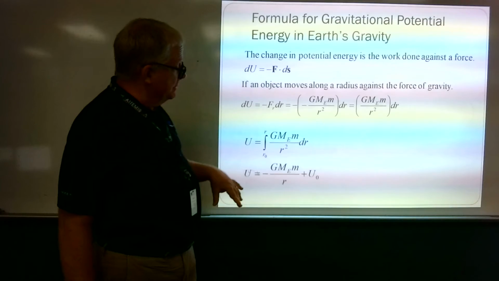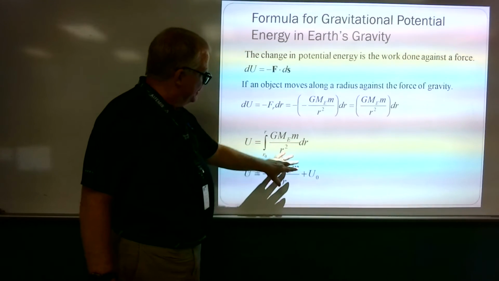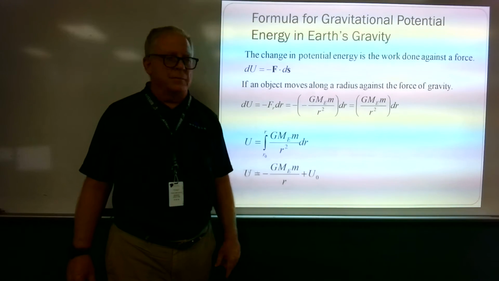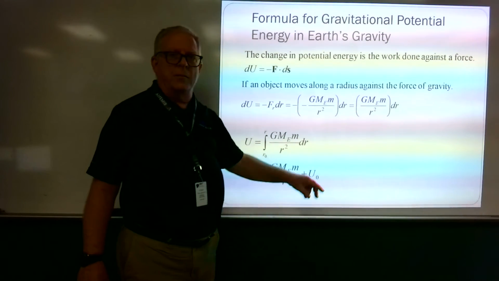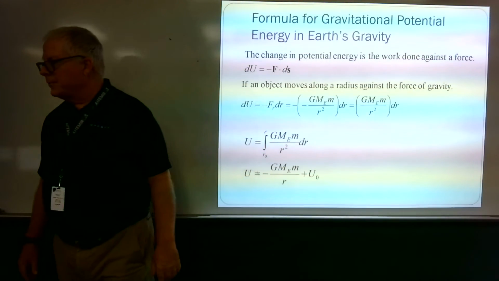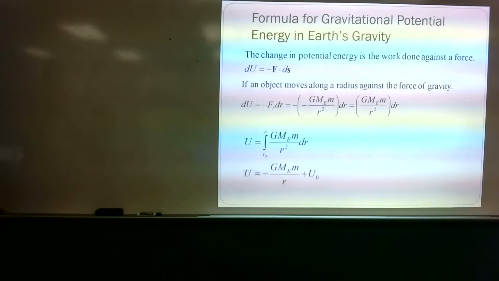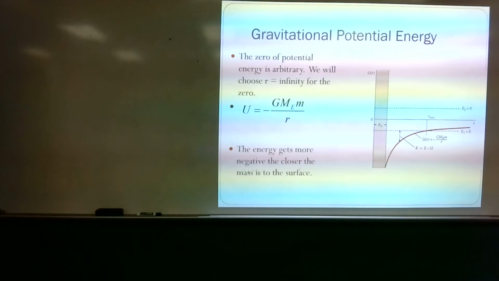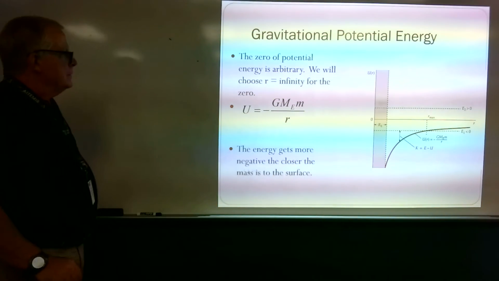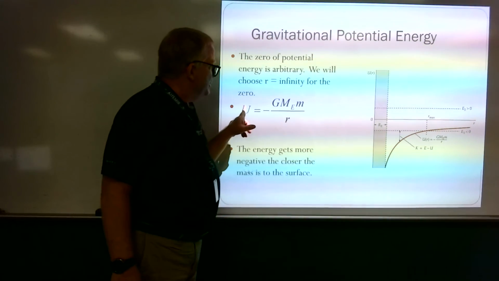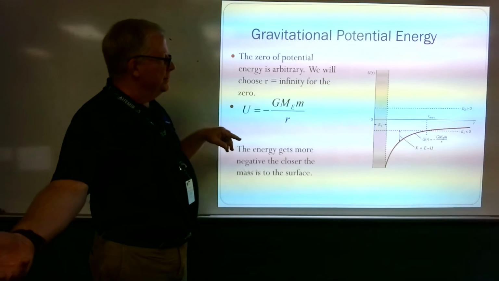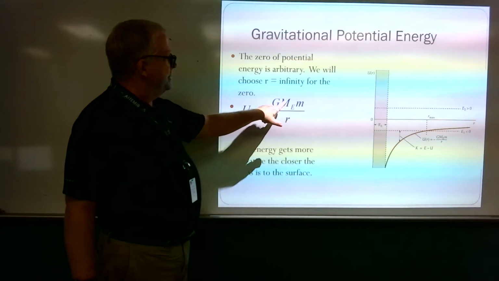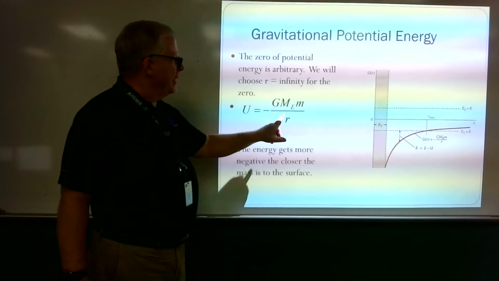At infinite distance, this term would be 0, so that means that U naught must also be 0. So our formula for the potential energy of gravity, where U is 0 at infinity, is a minus G times the mass of the Earth times the mass of the object over r.